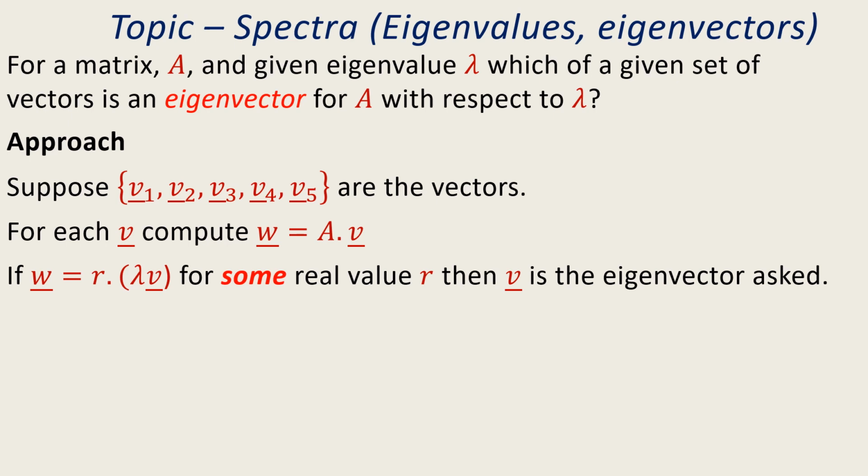Now, it will in general not be the case that r is equal to 1. So it won't be the case that multiplying the matrix by one of the given vectors gives you lambda multiplied by the vector again. There will be some scalar multiple of it as the outcome.